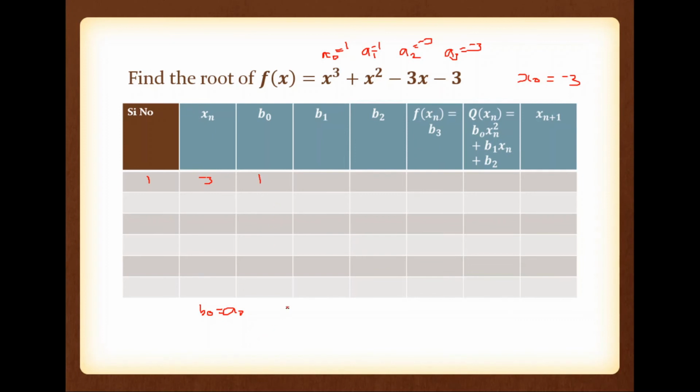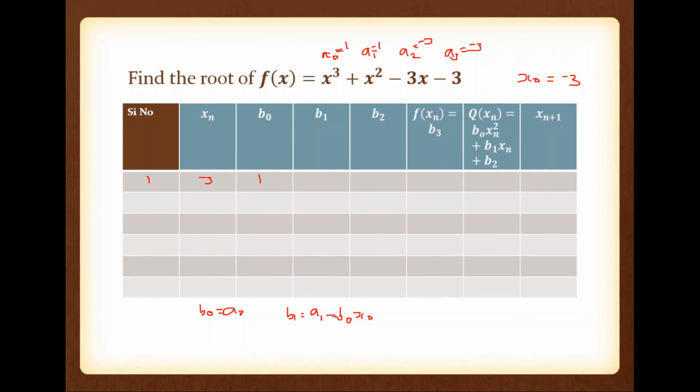Okay, now what is b1? b1 is equal to a1 minus b0 x0. What is a1? a1 is 1. So 1 minus, what is b0? b0 is also 1. So 1 minus 1 into x0, x0 is minus 3.